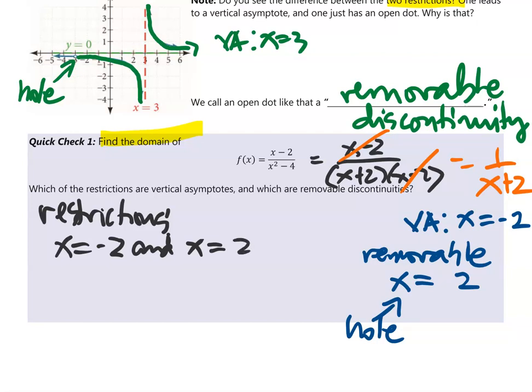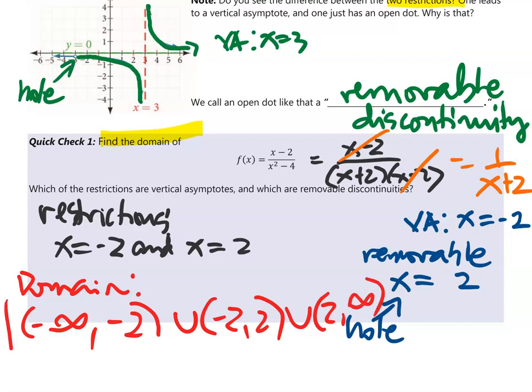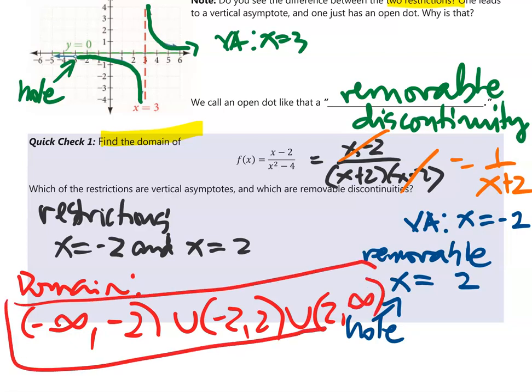Sorry, this should be positive 2. Okay, so now how do we write our domain? So from left to right, from negative infinity to negative 2, union from negative 2 to 2, union from 2 to positive infinity. So this is our domain.